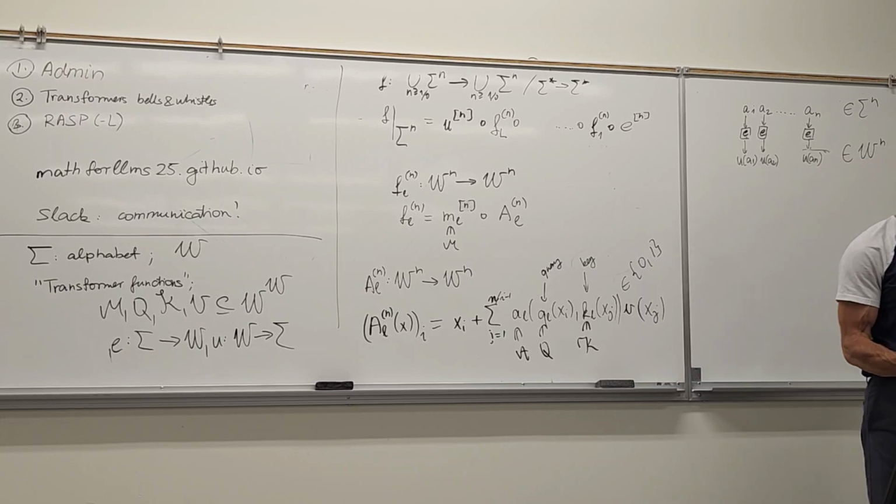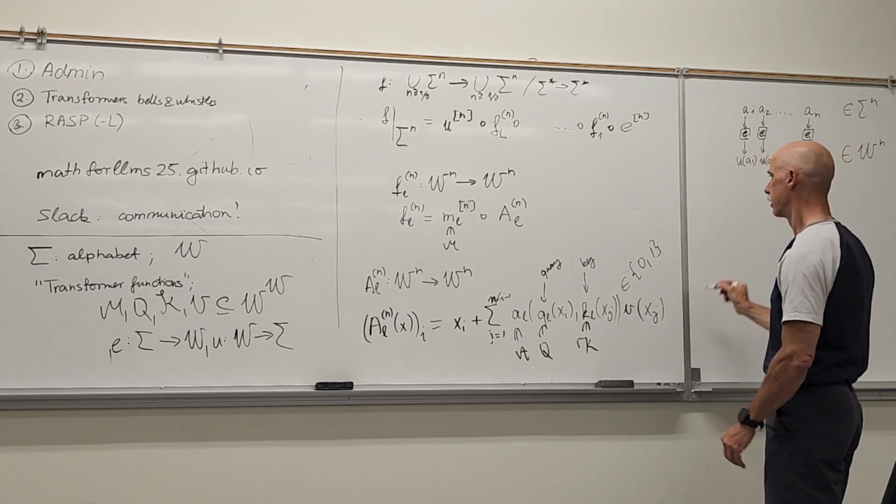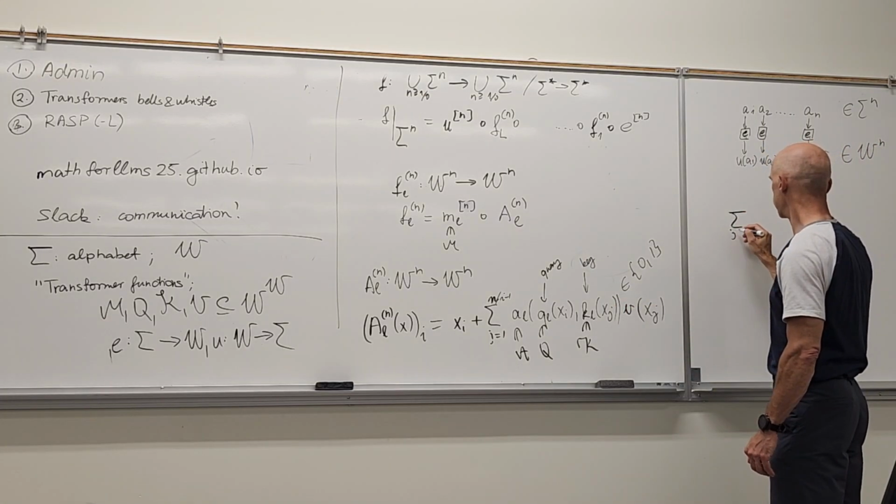So in actual transformers, all of these are linear neural networks, or ReLU neural networks, really simple, one layer stuff, nothing complicated. And a slight difference to what is here is that sometimes you are normalizing this.